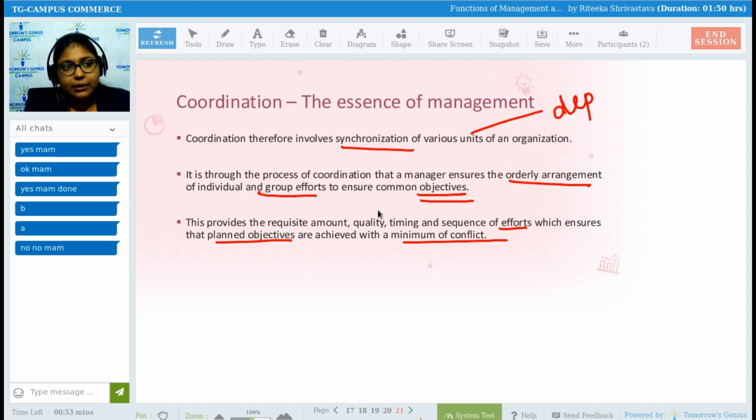When each department works together with unity, it will be good for the organization to achieve the objective, to achieve the goal. One person or one department alone cannot achieve the goal for the entire organization.